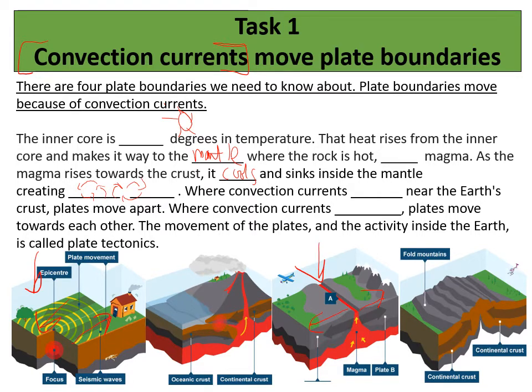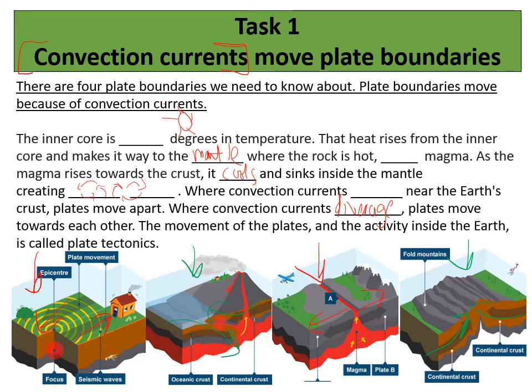However, when convection currents converge, so when they are moving towards each other, the plates will move towards each other. And you can see that happening in these images here. So the second image, they're moving towards each other, but one is sinking and one will be forced upwards. And then in this one, they're both being forced upwards.